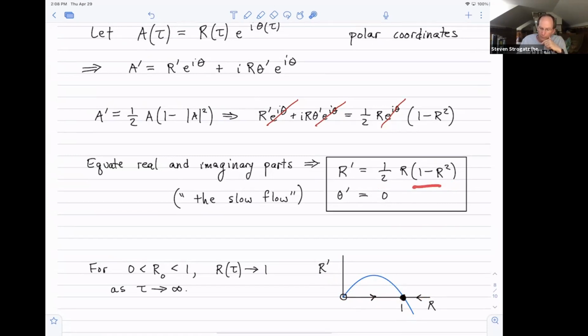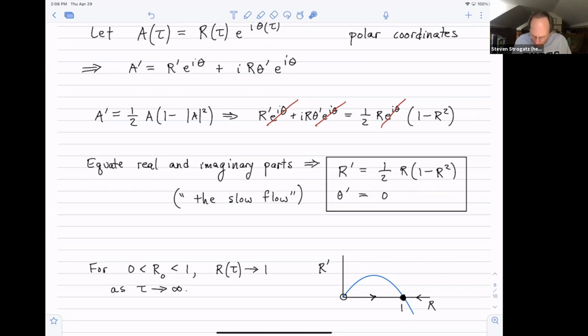Of course, when r is 1, this is 0. And so the flow on the r axis is just monotonically towards r equals 1. And so on this long time scale, in this slow flow on the tau time scale, r is going to asymptotically approach 1. So that's a nice little conclusion.